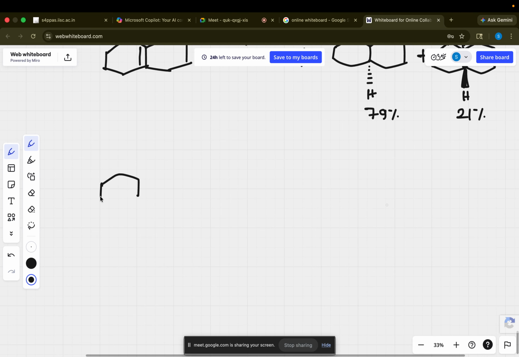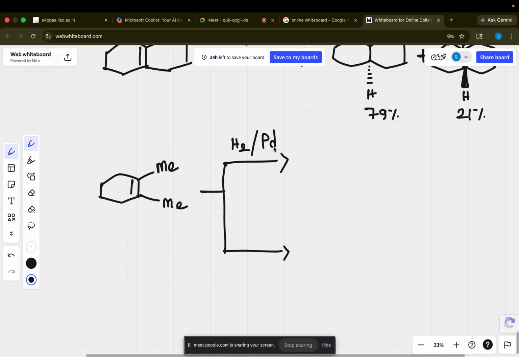So suppose you have this. Here I am using hydrogen in presence of palladium, and here I am using hydrogen in presence of platinum oxide. Write down the products.